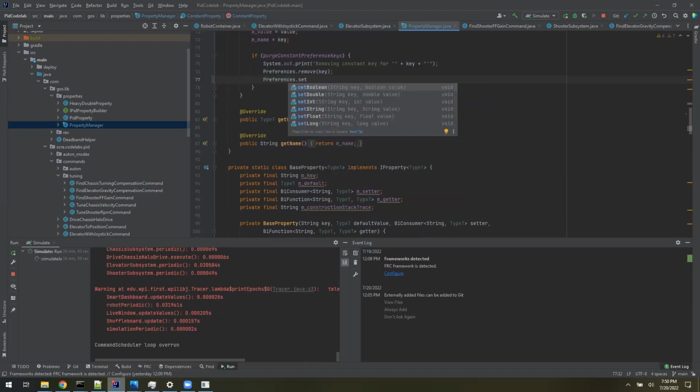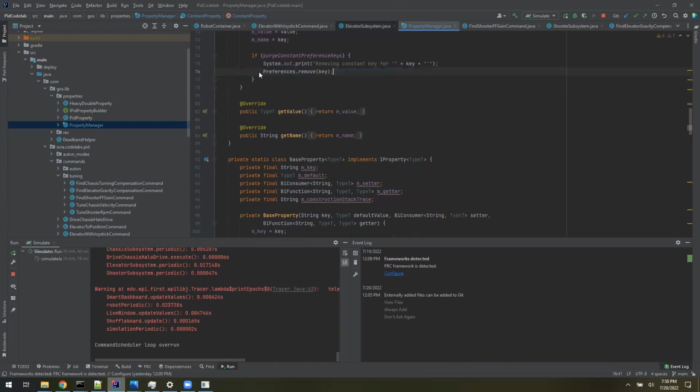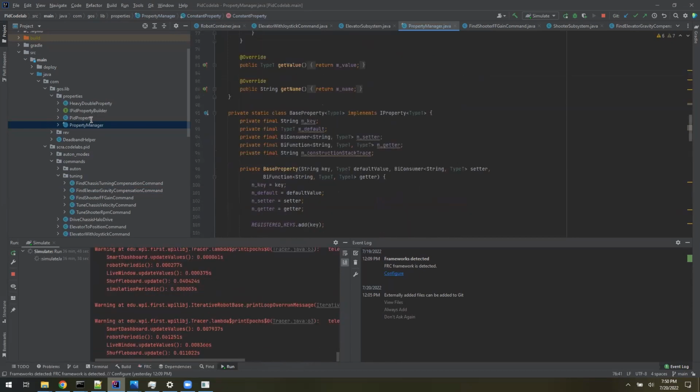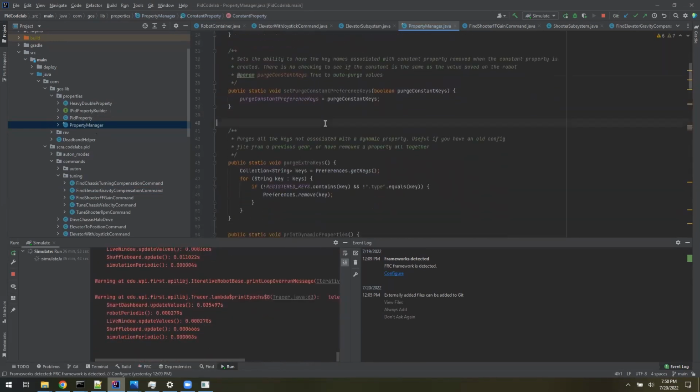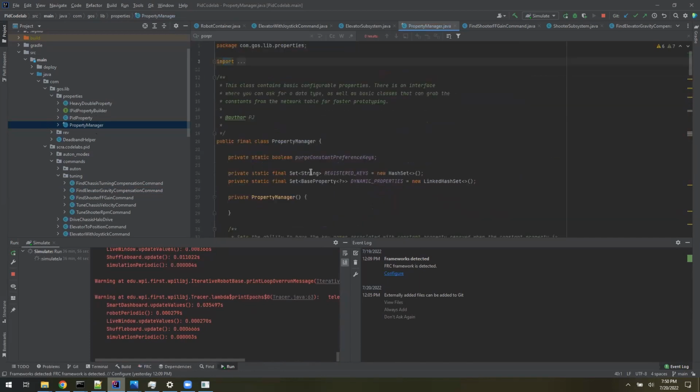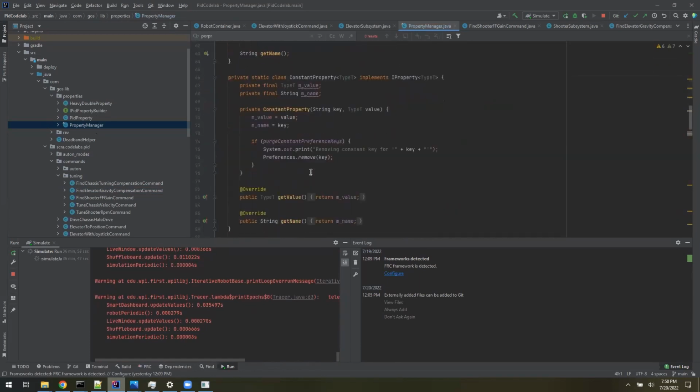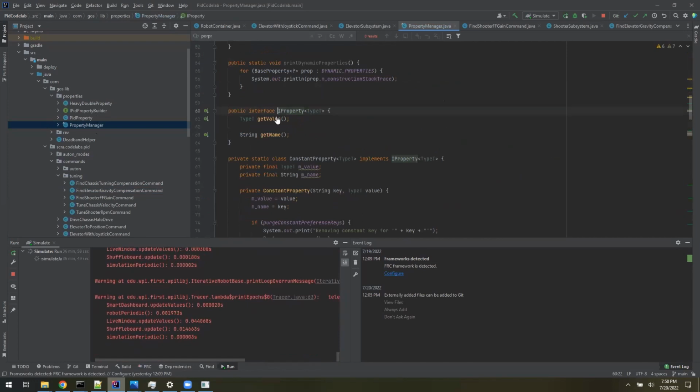You can set or get stuff from it. But we put little convenience wrappers around it. This thing called an IProperty we gave it.